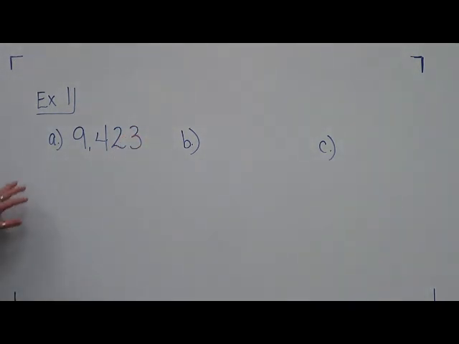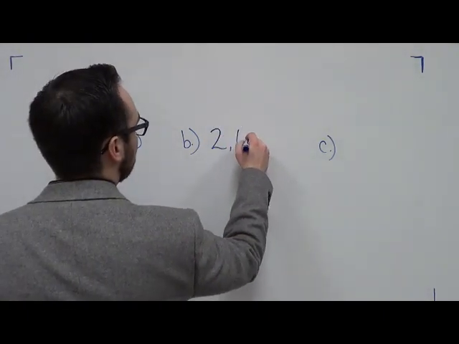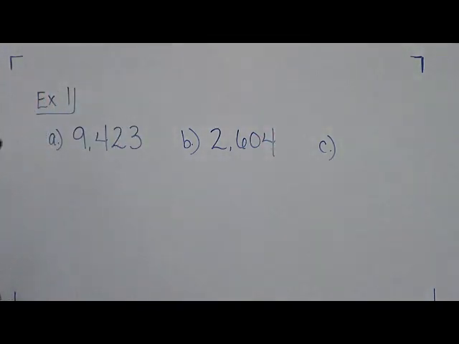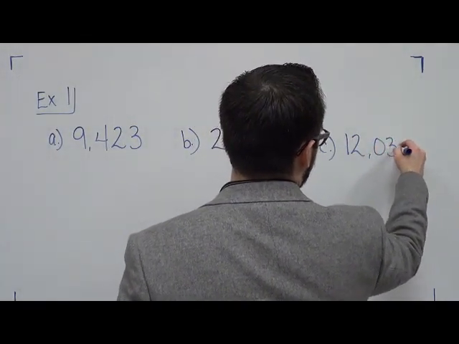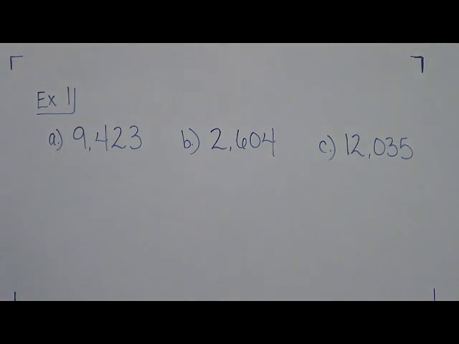I want you to go through and check: is it even, is it divisible by 3, 4, 5, 6, 8, 9, 10. Then the next one is 2,604. And then we're going to go to 12,035. So take a moment, go through each of those numbers, go through those rules, make sure you have all those rules copied down, and then list all the numbers that each of those numbers are divisible by.